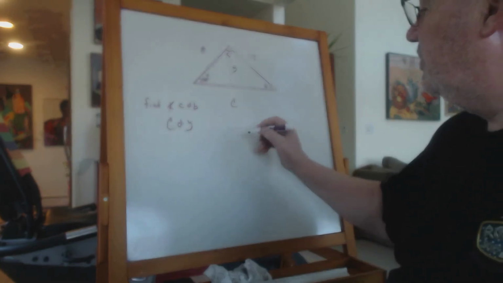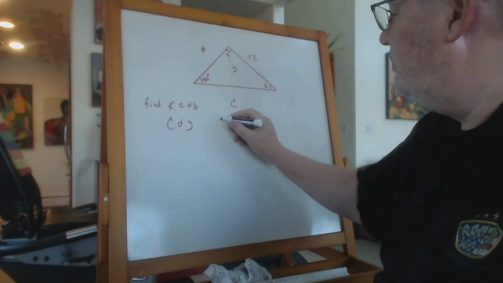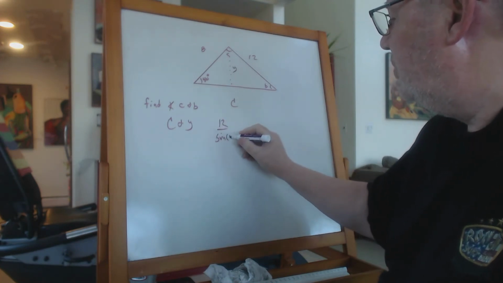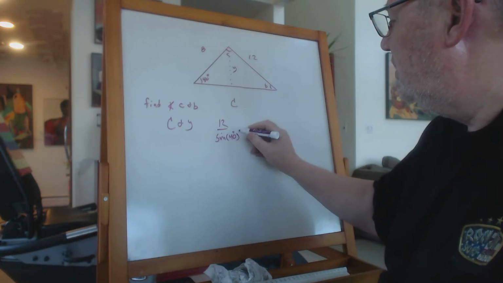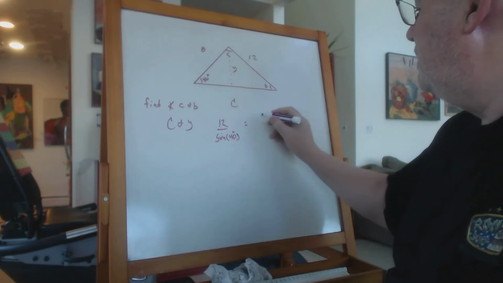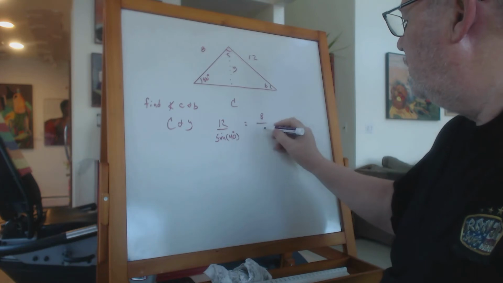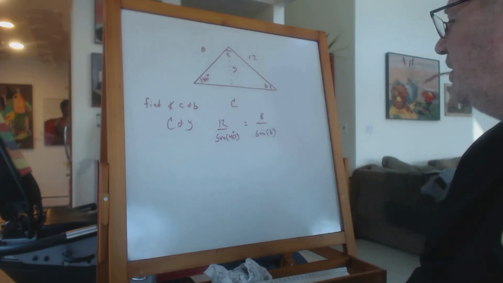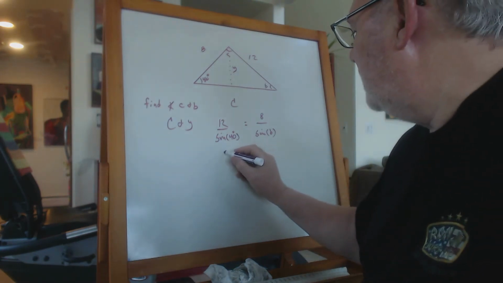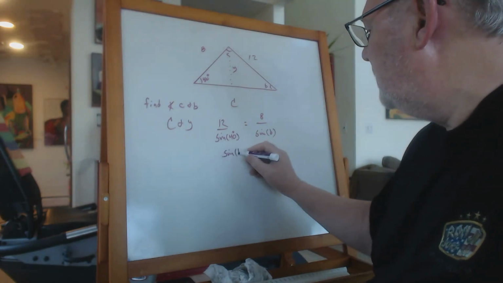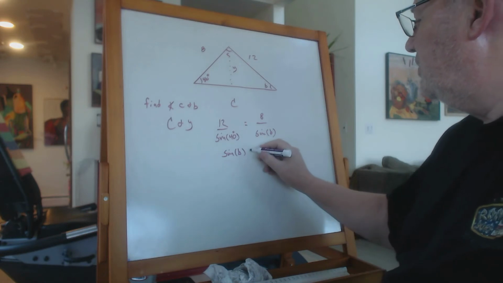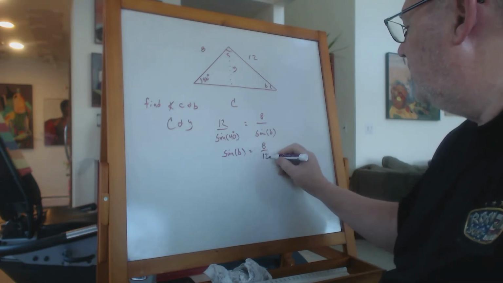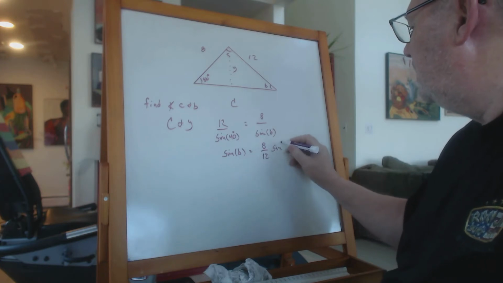So we have 12 over the sine of 40 is equal to 8 over the sine of B. So we have sine B is equal to 8 divided by 12 sine 40.